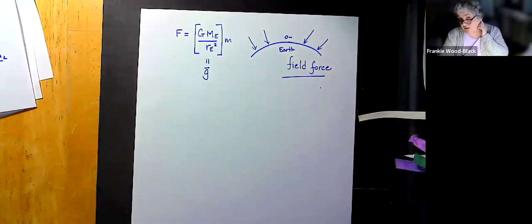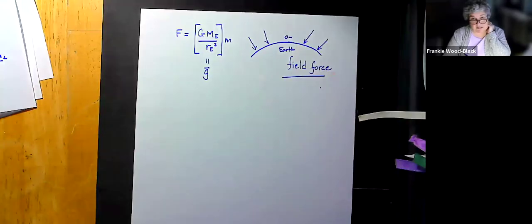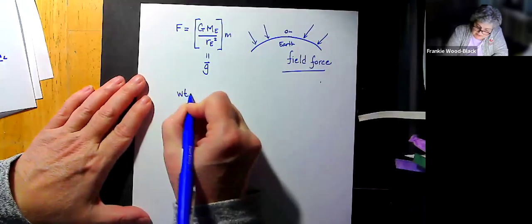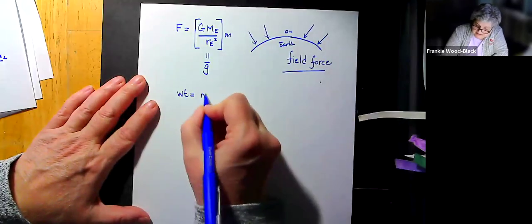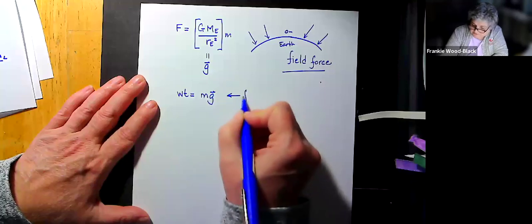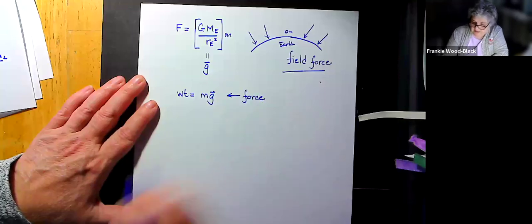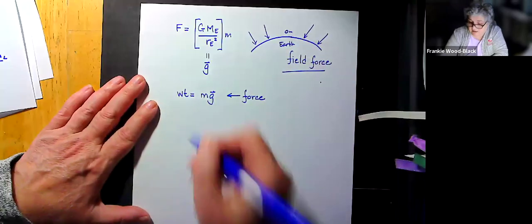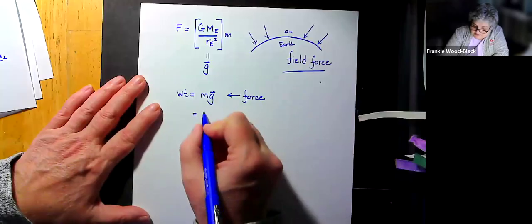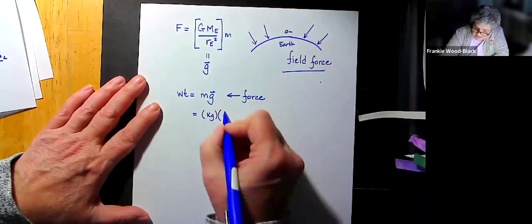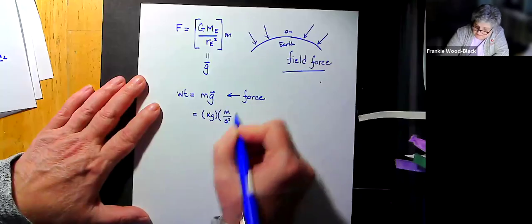So we get field forces and contact forces, and we work through those. So weight is going to equal our mass times our acceleration due to gravity, and that is a force. And this is how we get our concept of weight. And if I do this, this is in kilograms, and this is in meters per second squared.